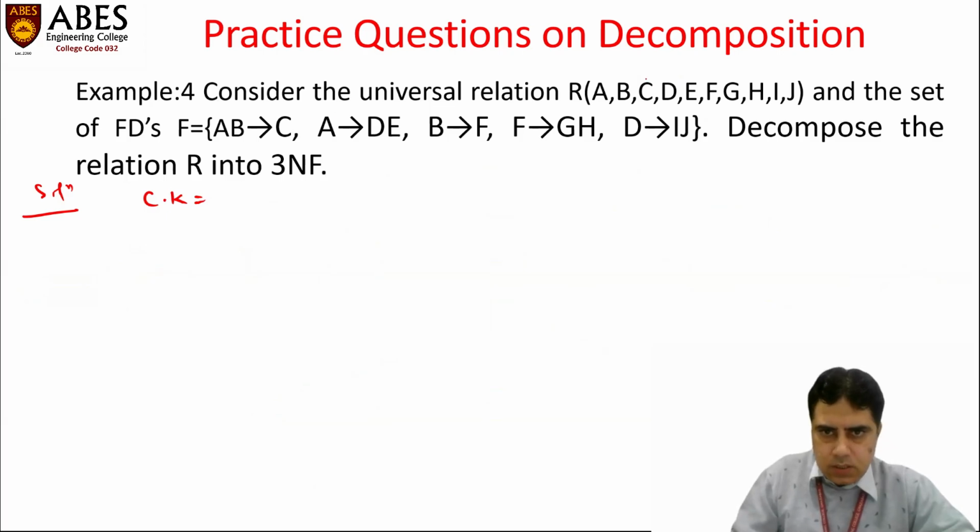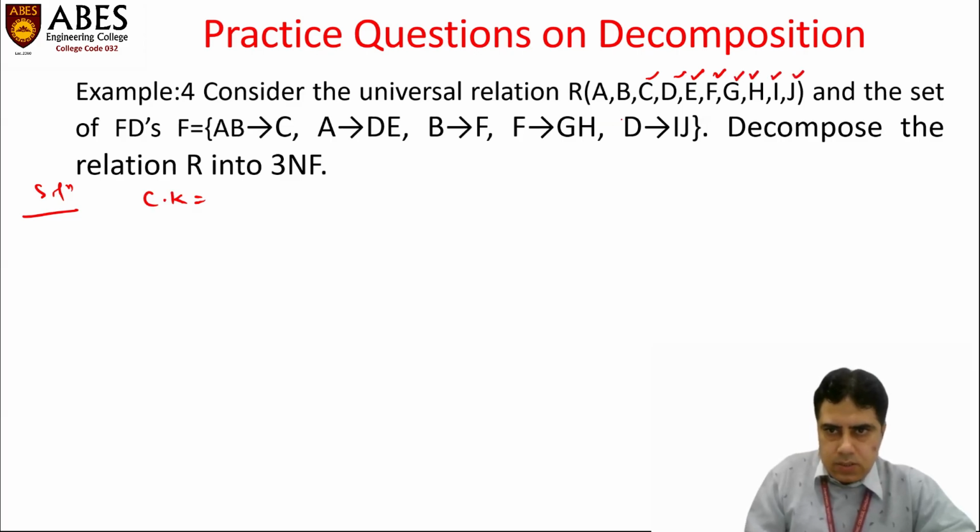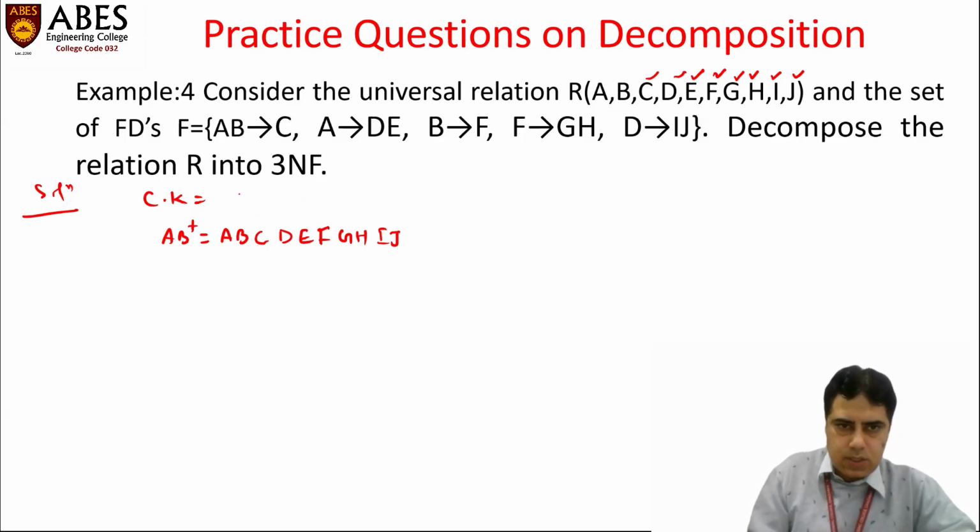We have C, D, E, F, G, H, I, J, and the missing attributes are A, B. Take the attribute closure of AB: AB to C, A to D, E, B to F, F to G, H, D to I, J, giving A, B, C, D, E, F, G, H, I, J. So the candidate key is AB.